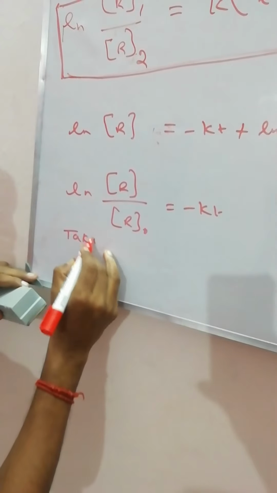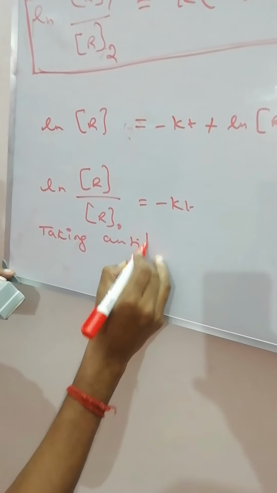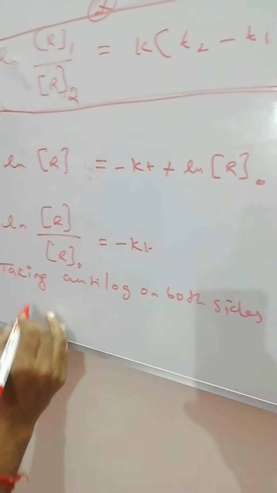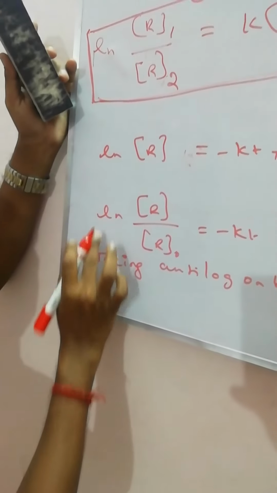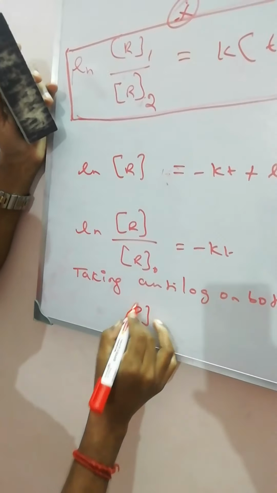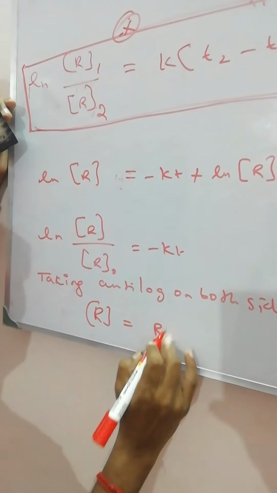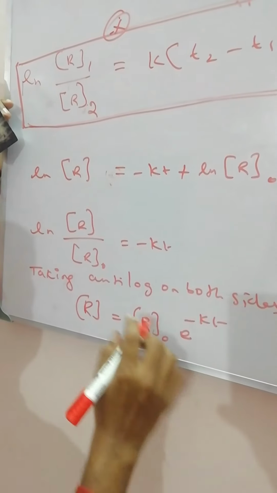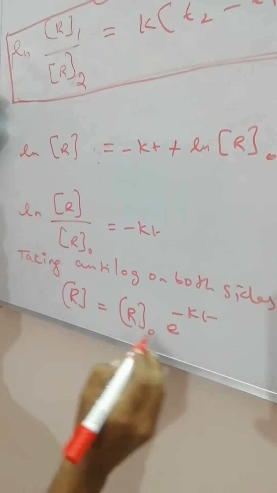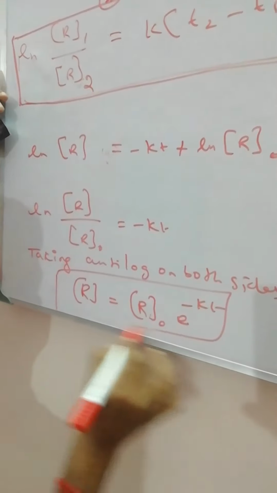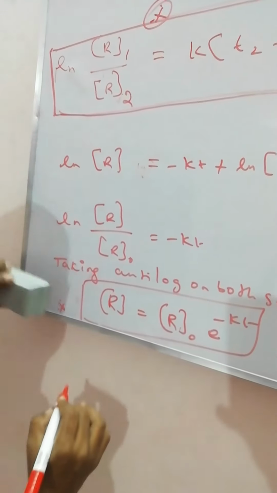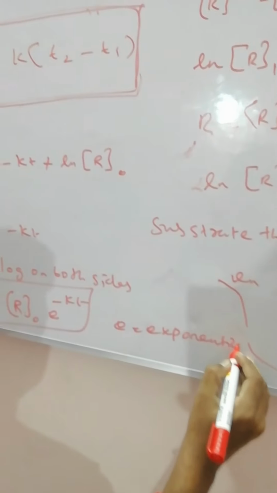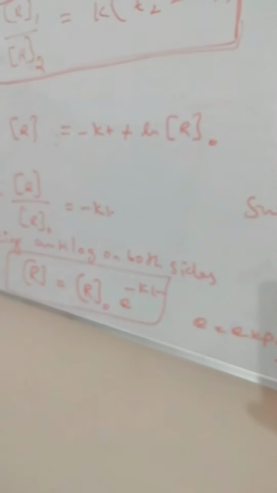Taking antilog on both sides, we remove the natural logarithm. R is equal to R0, the concentration R0, e power minus kt. On taking the antilogarithm on this side, you will get exponential, e power minus kt. This is also important. e is equal to exponential. This is the first order rate equation derivation.